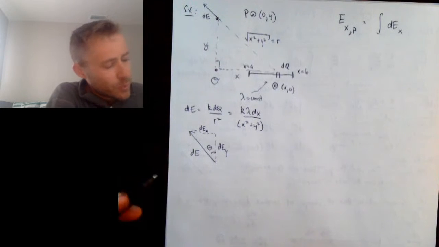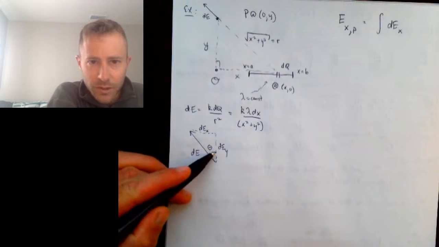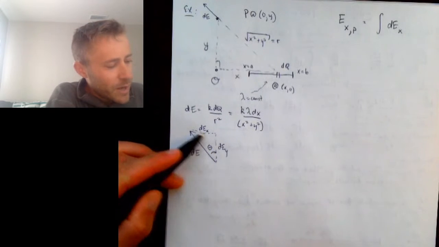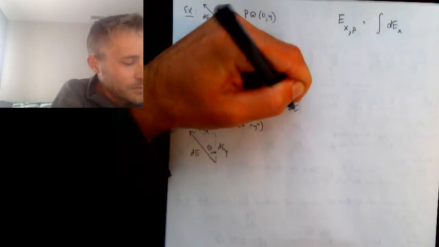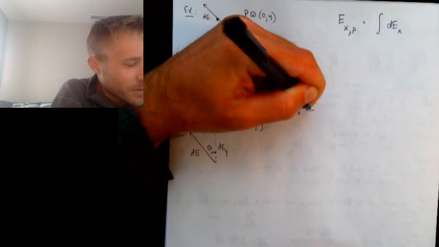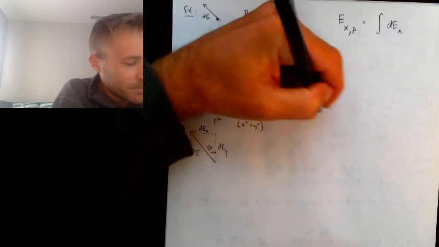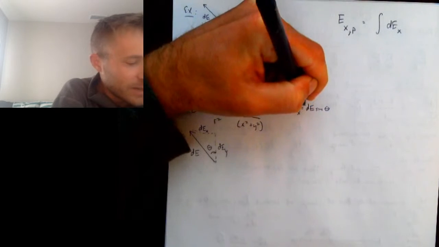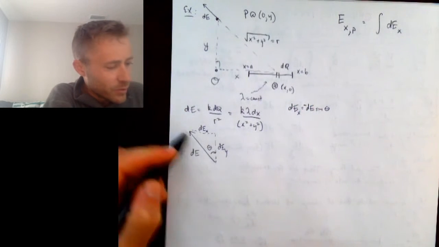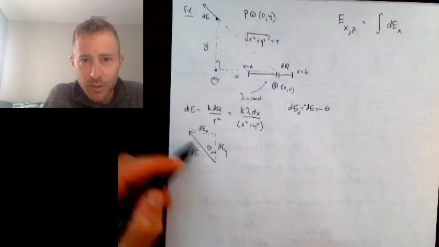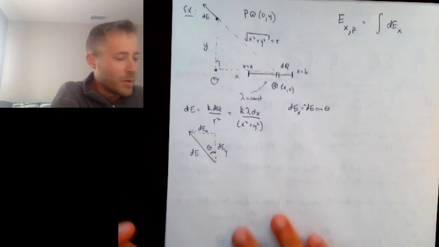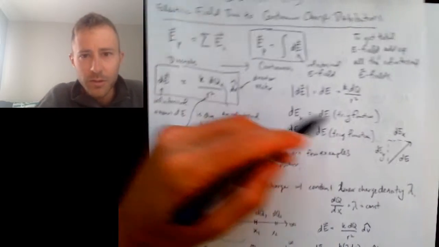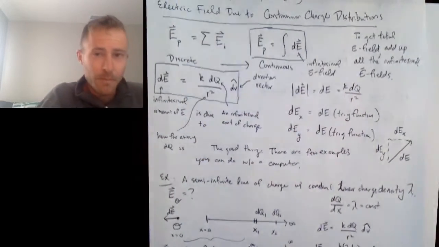If that angle is defined as theta, then dE sub x is going to be dE times sine of theta times -1. Why? Because this electric field is pointed to the left. It's more to the left than it is to the right. Remember how I said that if you get a component of the infinitesimal electric field, you multiply it by a trig function.